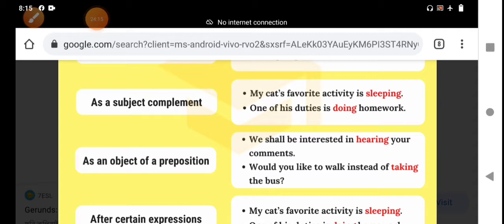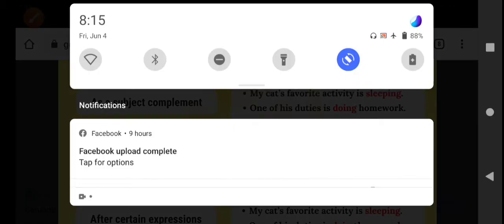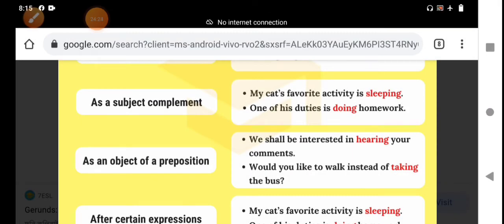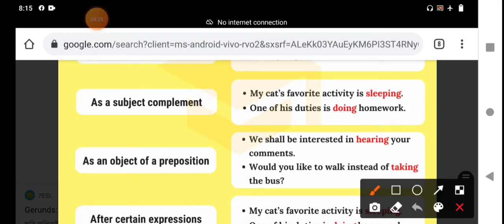What is the third function of the gerund? It functions as a subject complement, not object complement. Complement of the verb.